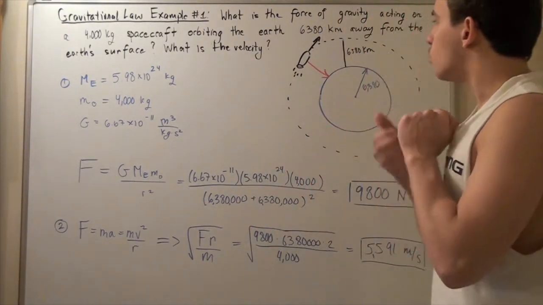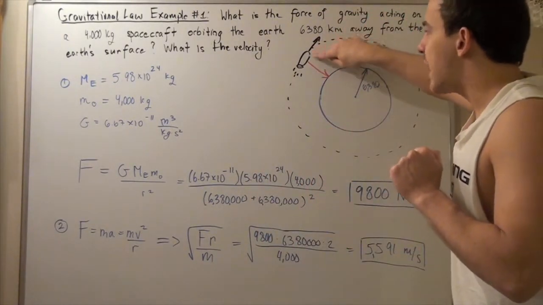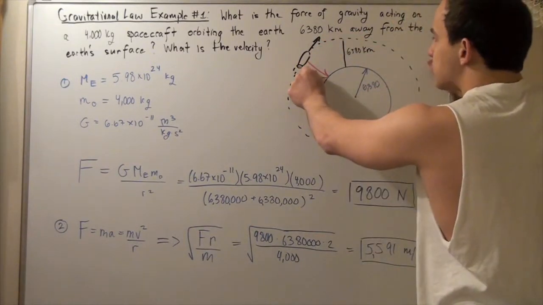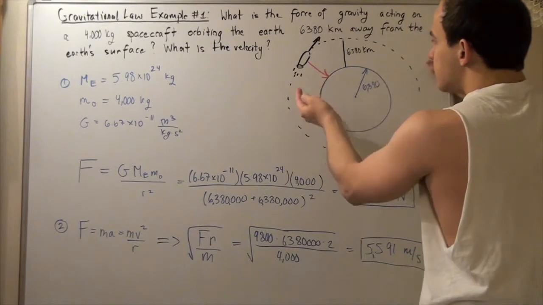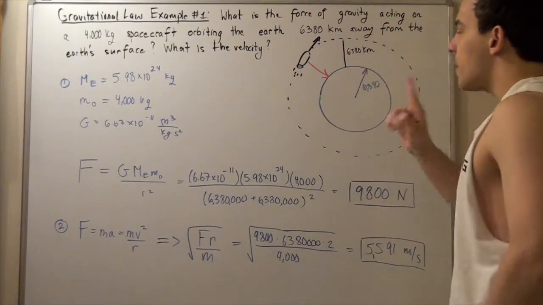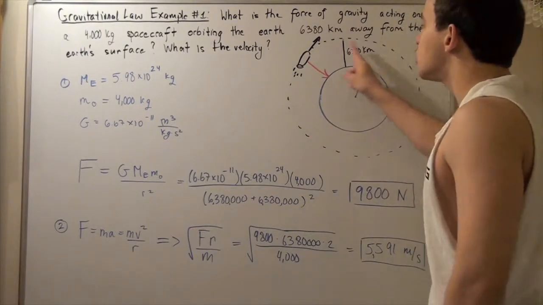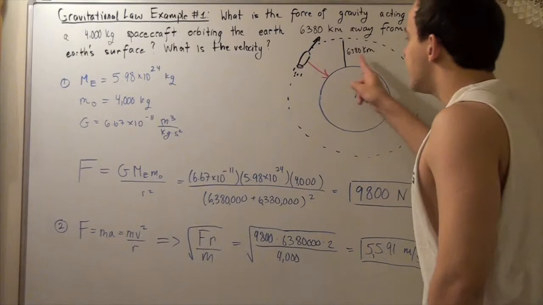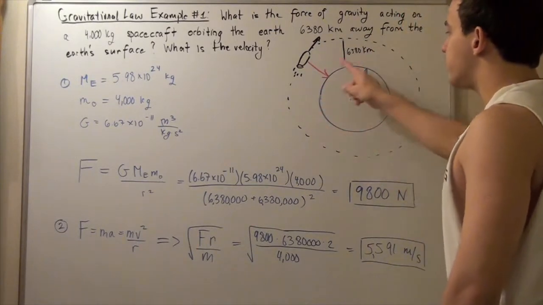So, remember, we're making the assumption that this is in fact a point mass. So, its distance from this object to this Earth's surface is simply 6,380 kilometers. But this mass is much larger than this mass, so we can't make the same assumption that this is a point mass.